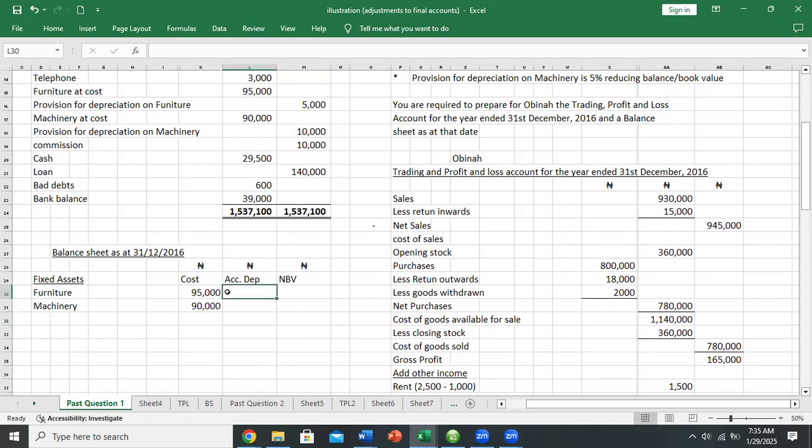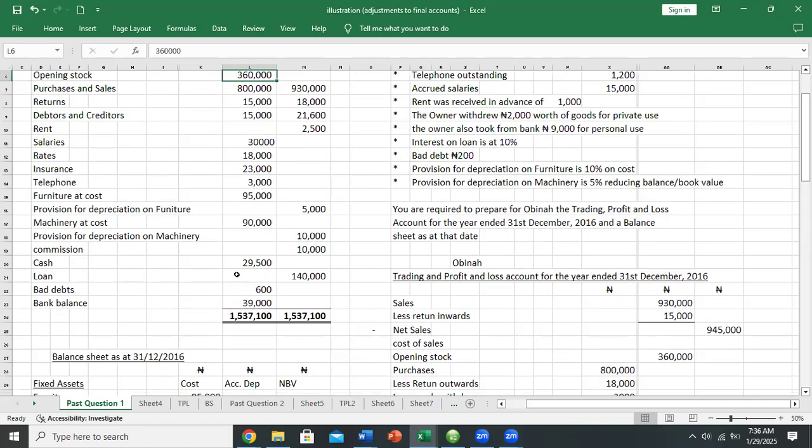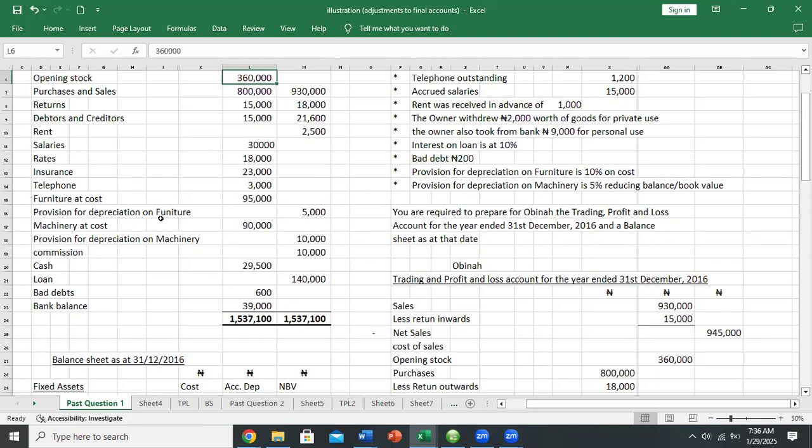Now the accumulated depreciation, professors, listen and listen good. Since you have adjustment in here or additional information in the balance sheet, look at how you get this accumulated depreciation. First, check the trial balance. If you check the trial balance at the credit side, you see provision for depreciation, right?